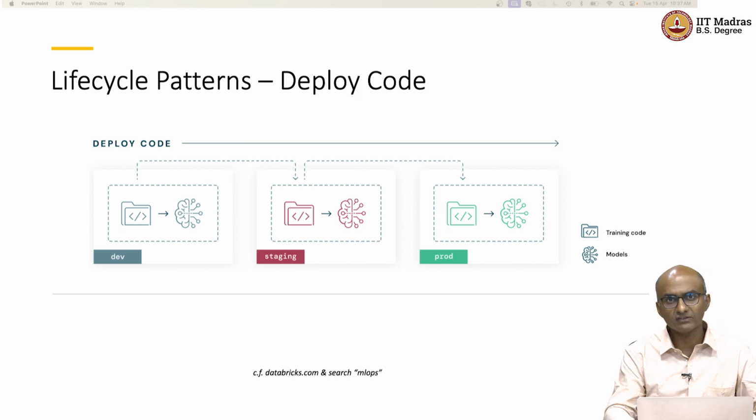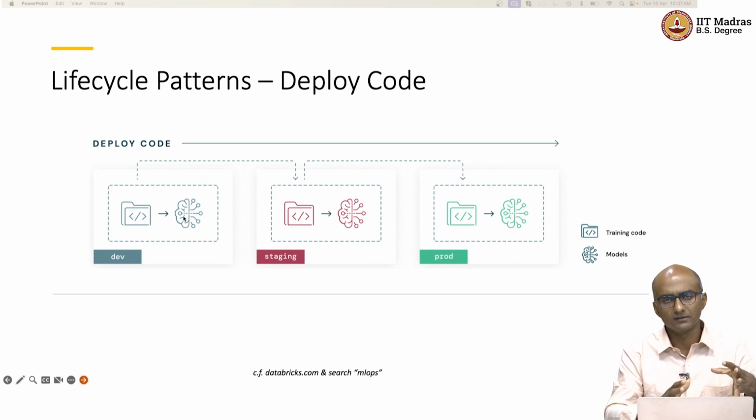So there are two lifecycle patterns that are important to keep in mind. These patterns are going to guide you as you work through model development and cycle through these environments. For ease of representation, we're going to call the development environment dev, the staging environment staging, and the production environment prod.